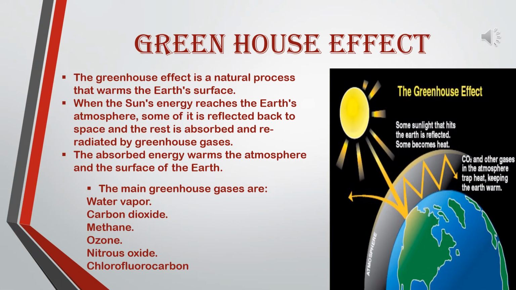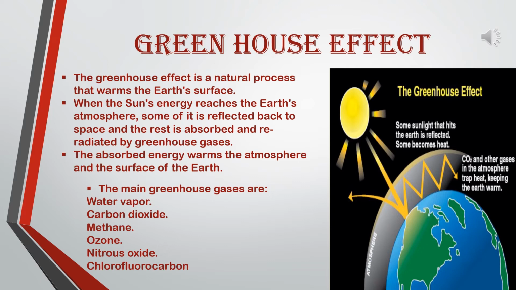Now what is greenhouse effect? The greenhouse effect is a natural process that warms the Earth's surface. When the sun's energy reaches the Earth's atmosphere, some of it is reflected back to space and the rest is absorbed and re-radiated by greenhouse gases.